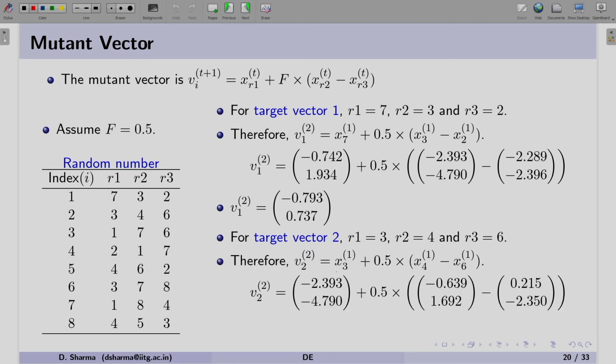By including their vector values, or the column decision variable values, here in column vector form, I can find the value of the mutant vector for target vector 2, and finally, we will get the value here. In this particular process, we are going to take one target vector at a time and then create the mutant vector for the same target vector.